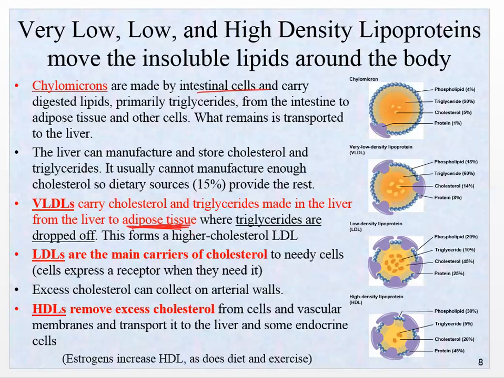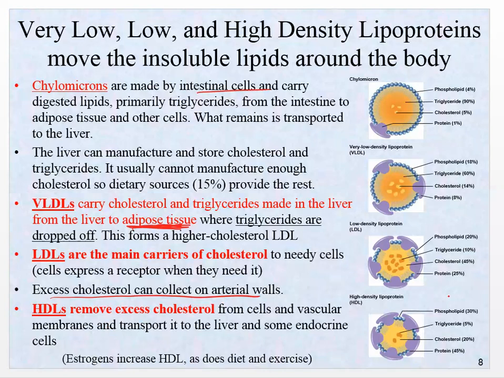Adipose tissue could go to muscle tissues, but it's trying to move those triglycerides around. When they're dropped off, it forms the LDLs, and the LDLs again are a higher concentration of cholesterol. Okay, and this excess cholesterol can collect on arterial walls.